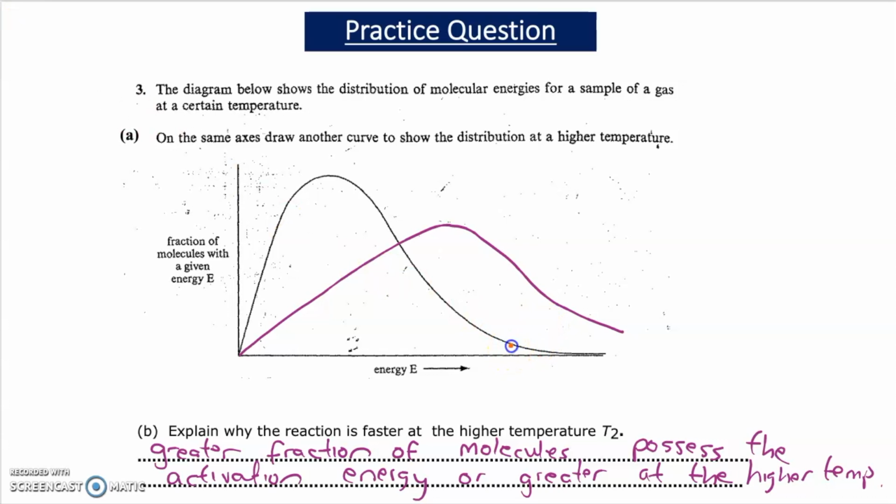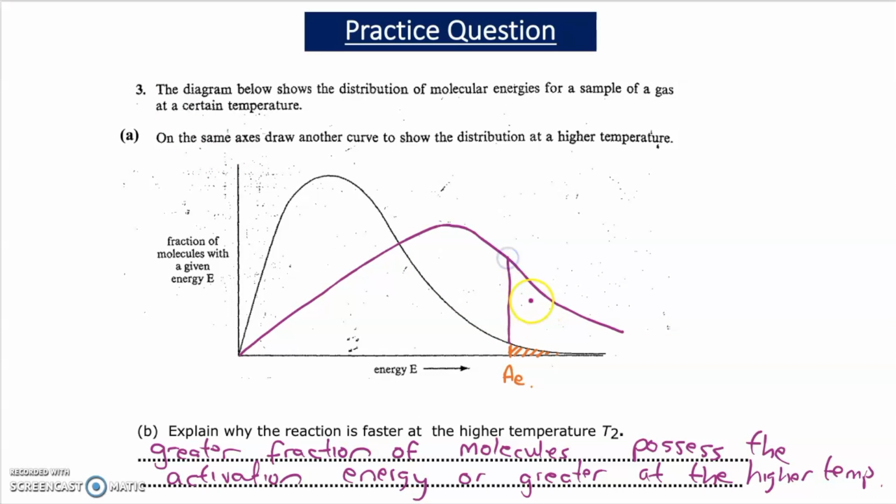If I say that the activation energy is this amount of energy, which I'm marking here on the first curve, I'm going to shade in the area under the curve, which shows the fraction of molecules that have this activation energy or greater.